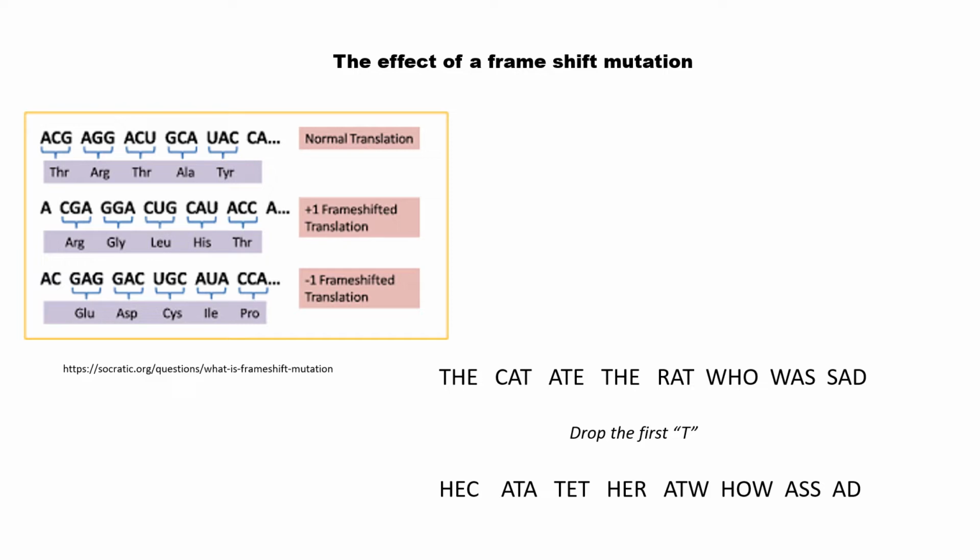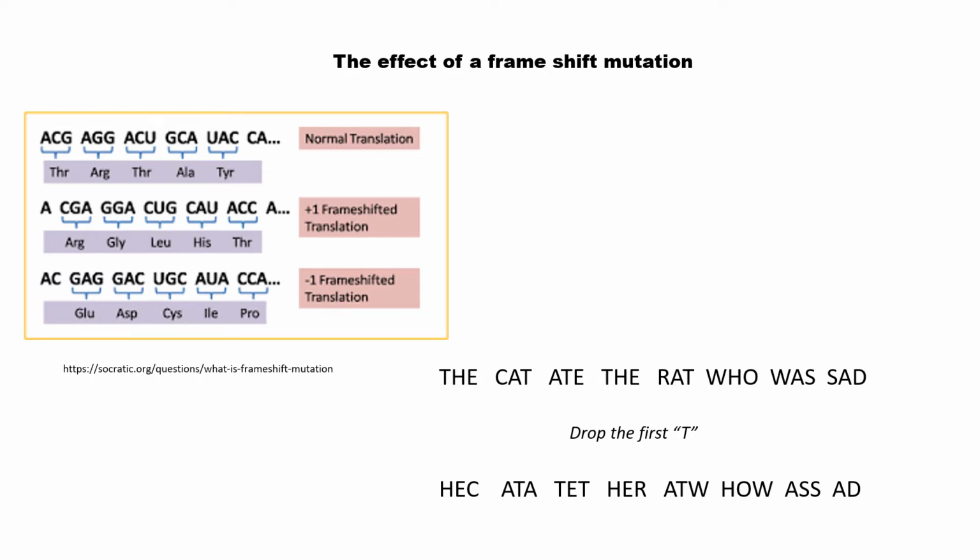We talked about stop codons that tell the protein to stop, and there's also a place to start. But what if we shift over by 1 base pair, by 1 letter, and start in the wrong place? That's known as a frameshift mutation.